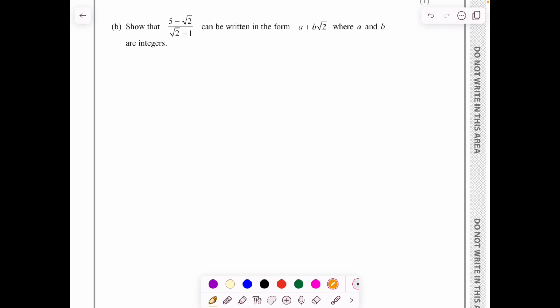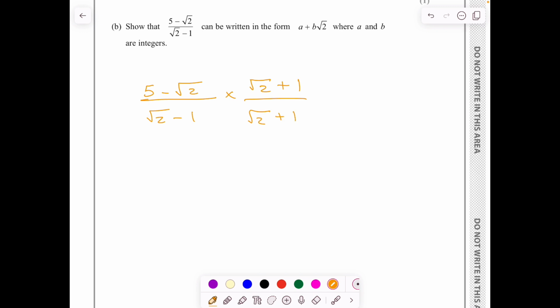So if you remember your lessons on this, we are going to multiply top and bottom by the same denominator but change the sign. So we're going to multiply top and bottom by square root of 2 plus 1. And you have to do it on both top and bottom.